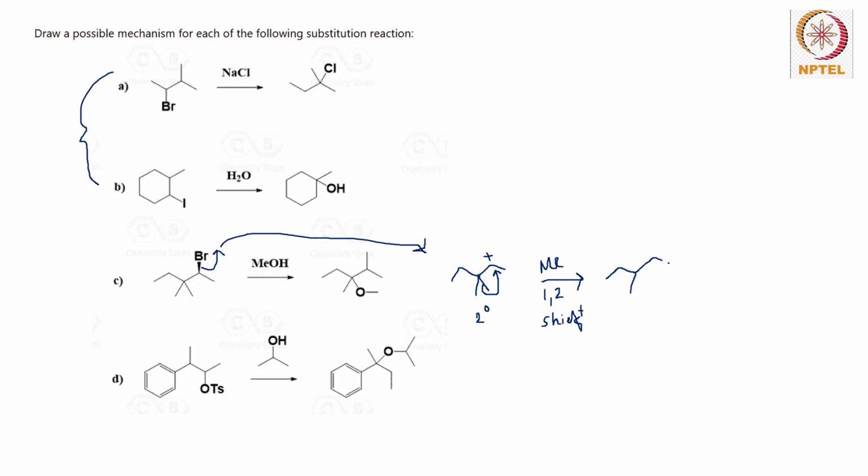This methyl group has been shifted to this position. So there will be one bond less, so the carbocation will be shifted to this position. So what is the degree of this carbocation now? This is 3 degree. 3 degree carbocations are stable.